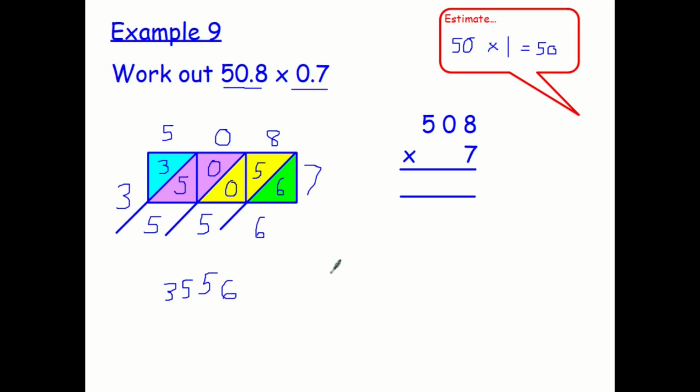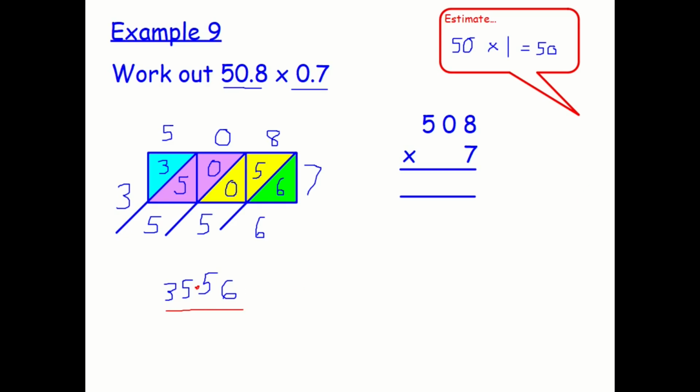My estimate was 50, but actually I know it's going to be lower than that. It's going to be less even than 50.8, so it's not going to be 3,556. It's not going to be 355.6. It's going to be 35.56.